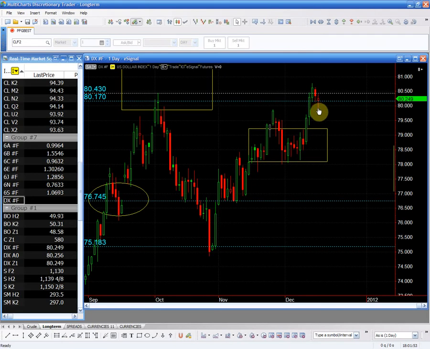Then we broke down and we made a low on Friday of 79.93, which should have led, if this was an actual break, an actual sell signal, to a capitulation or a big move towards the 79.50 or further. But what happened is it turned back, came back above the 80.17 and closed at 80.24.